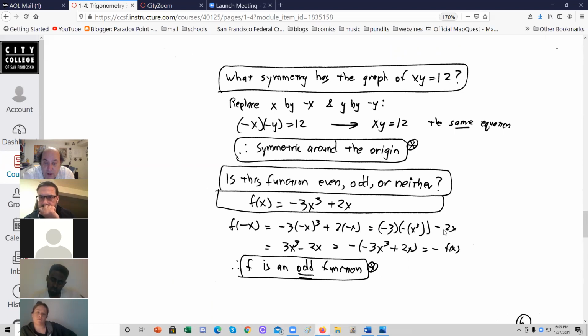Here a negative comes out, minus 2x. And okay, after a cancellation, we get 3x cubed minus 2x. But that's the opposite of this, the opposite of minus 3x cubed plus 2x. So it's the opposite of f of x. f of negative x equals minus f of x. So f is an odd function. Its graph will be symmetrical around the origin.